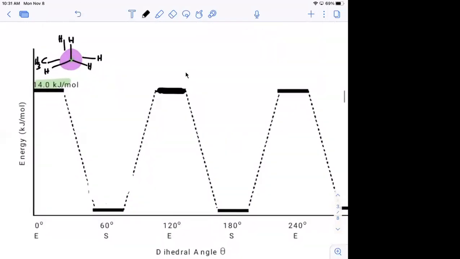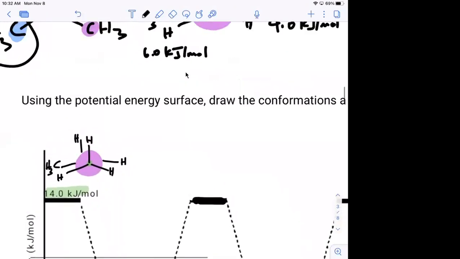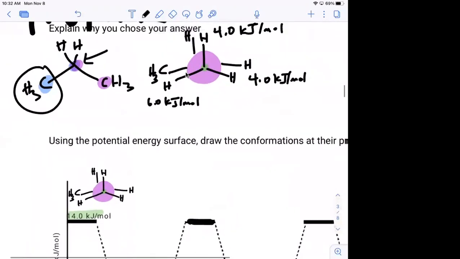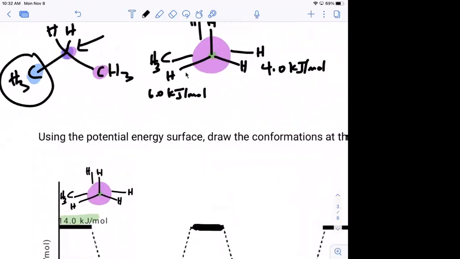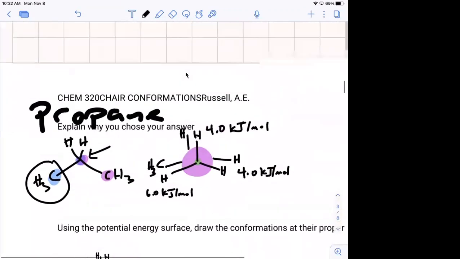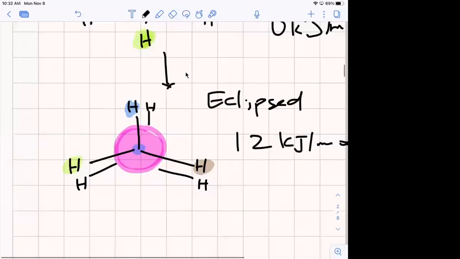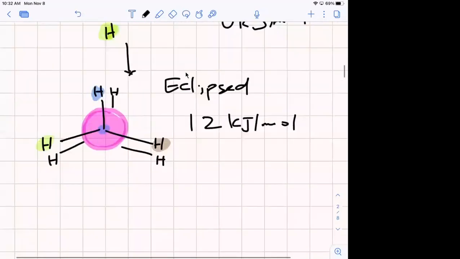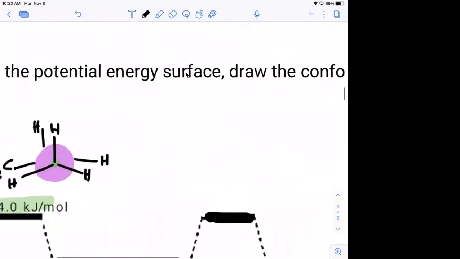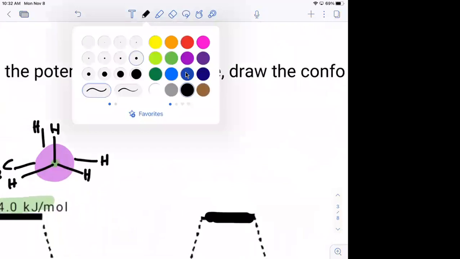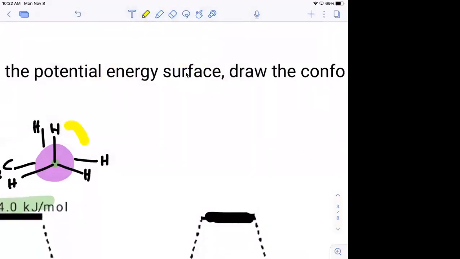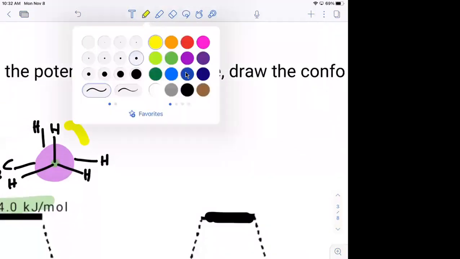And if I rotate, notice how the energy oscillates. If I rotate around 60 degrees clockwise, since we started out rotating the front carbon, we were doing the front carbon, right? So if I rotate that front carbon around 60 degrees, I'm going clockwise, rotating in this direction.